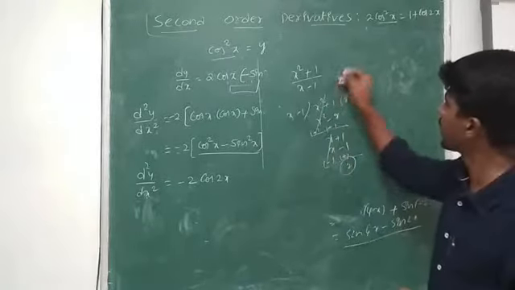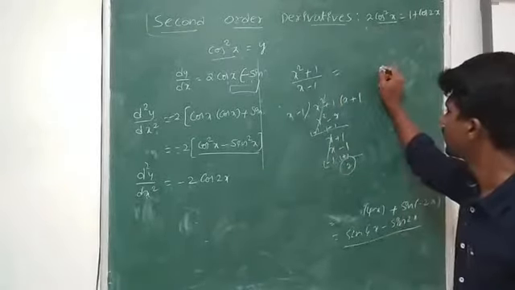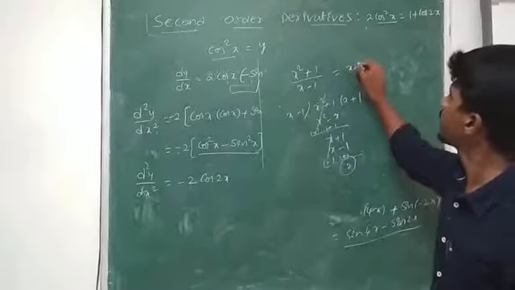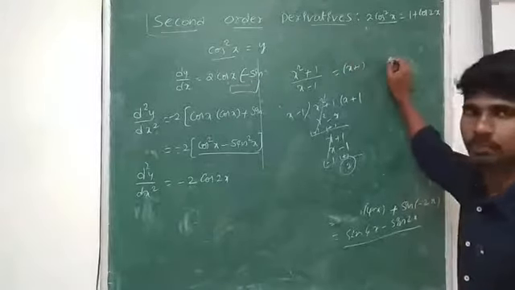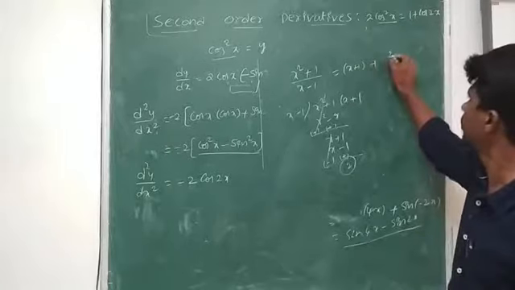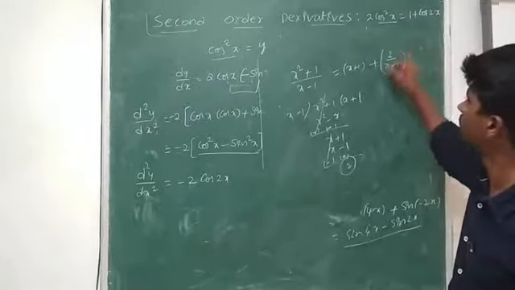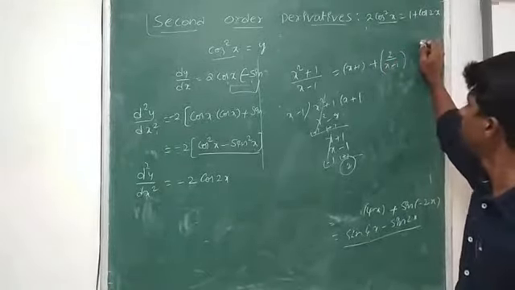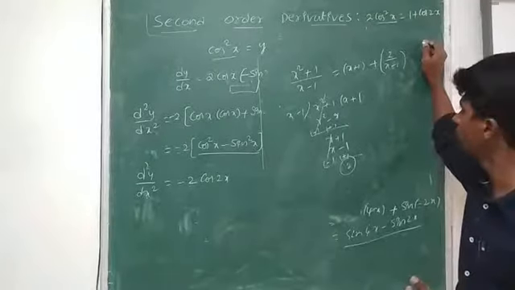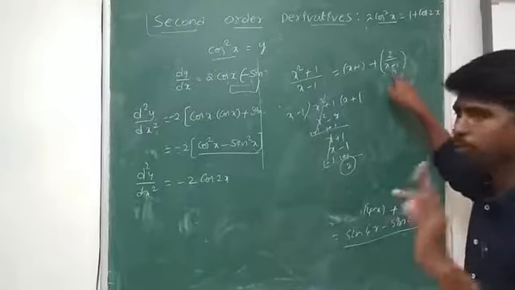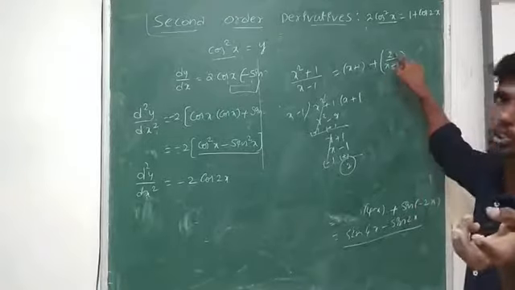So this can be written as x plus 1 plus 2 by x minus 1.